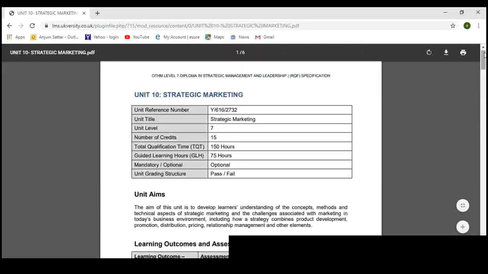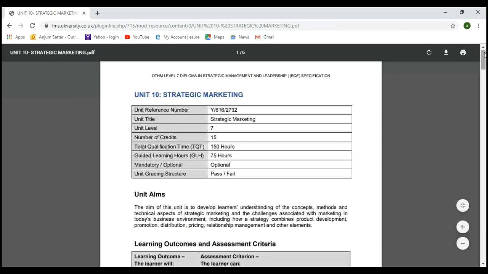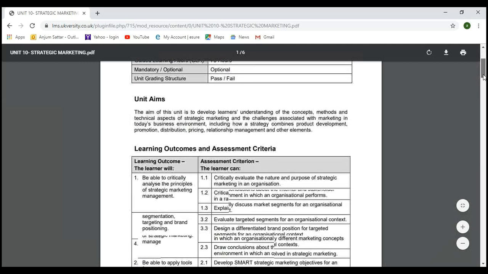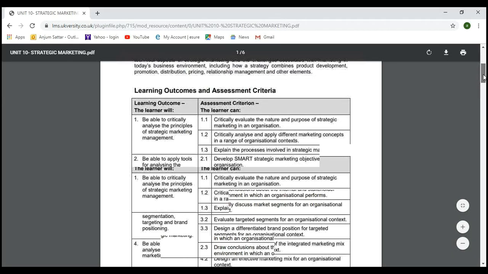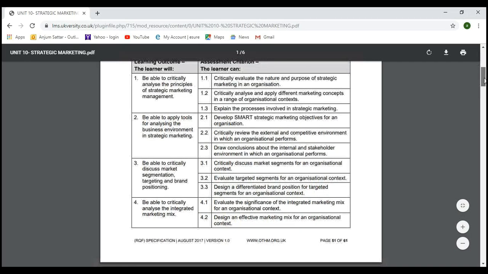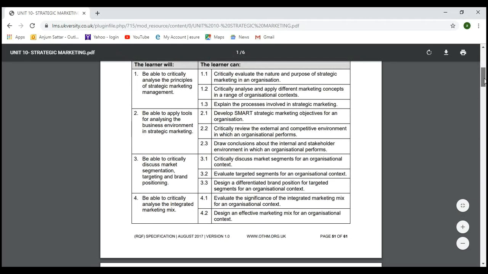We discussed the differences of strategic management, green marketing, social marketing, and the role of marketing within an organization, in terms of the CIM chartered definition and the marketing association definition.